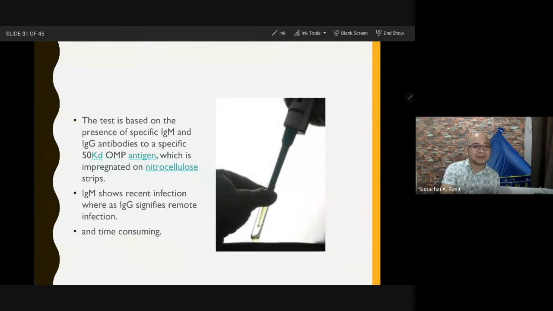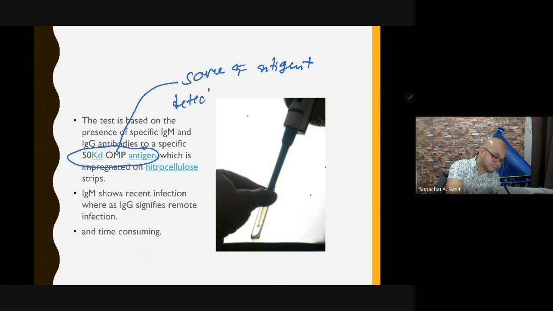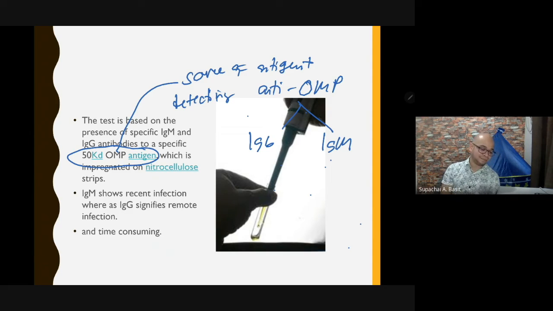The test is based on the presence of specific IgM and IgG antibodies to a specific 50 kb OMP antigen. So again, this is the source of antigen. And what are we detecting? We are detecting anti-OMP, which could be either IgG or IgM.